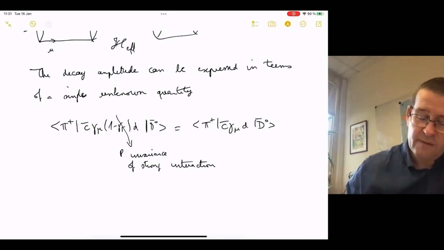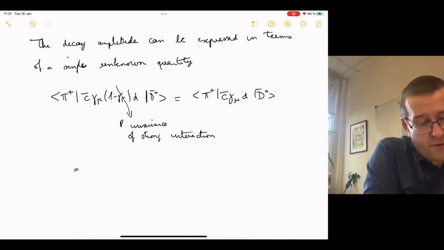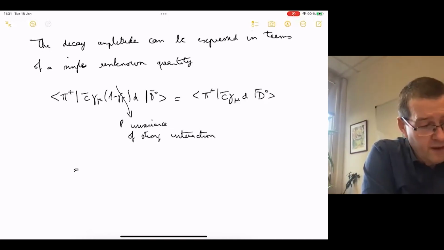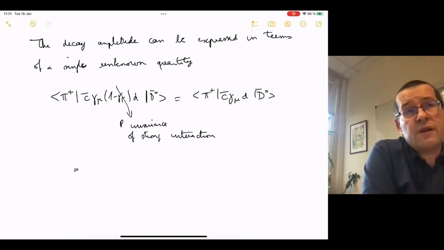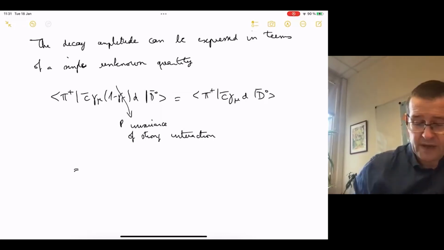But then we can play the same trick of decomposing according to the Lorentz structures because of Lorentz invariance. But this time we've got two different quantities, two momenta to consider. So we can build up two different objects.